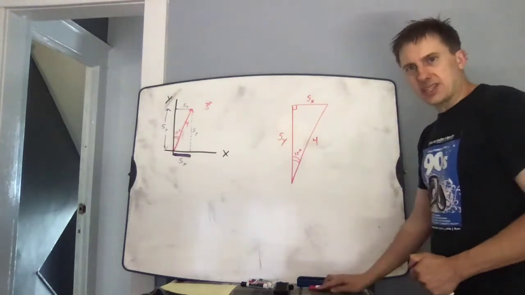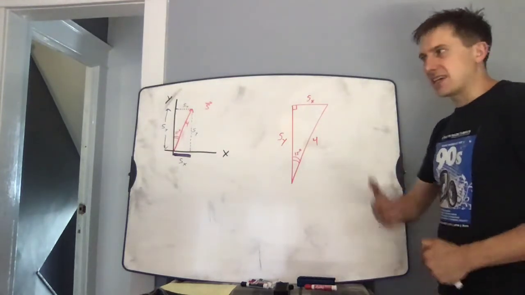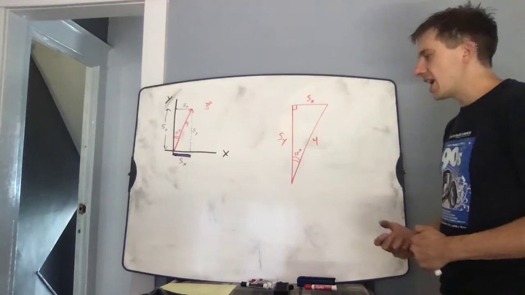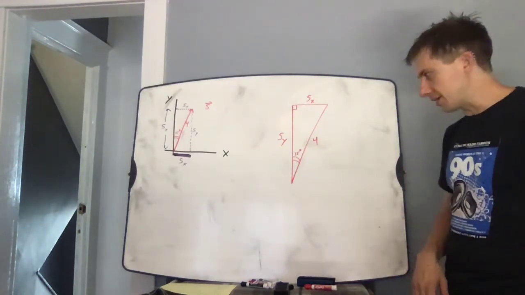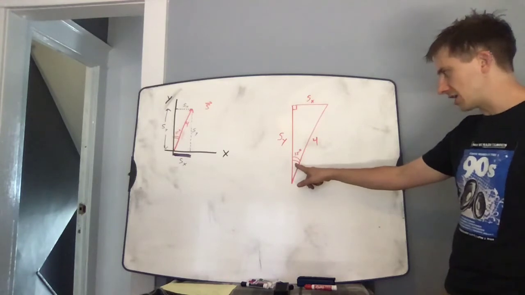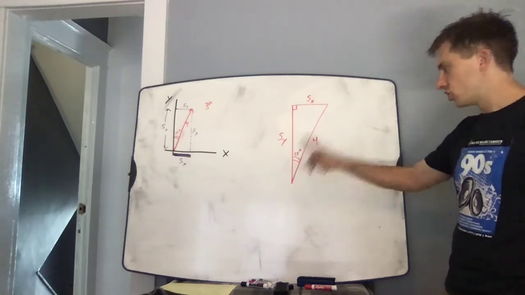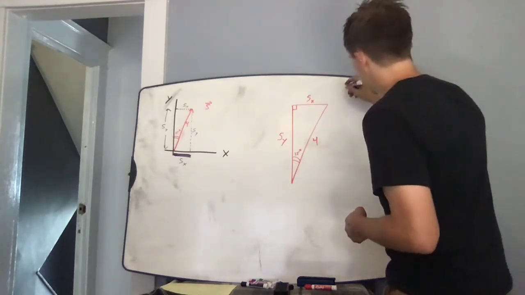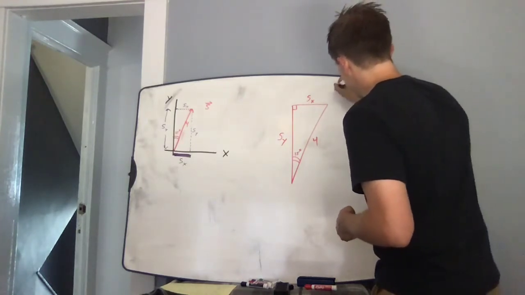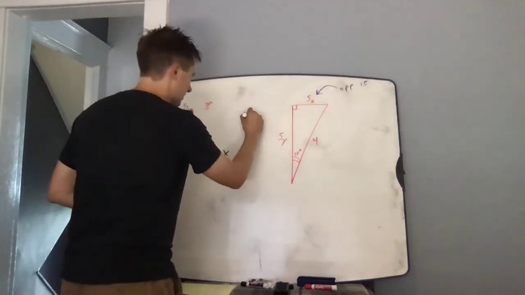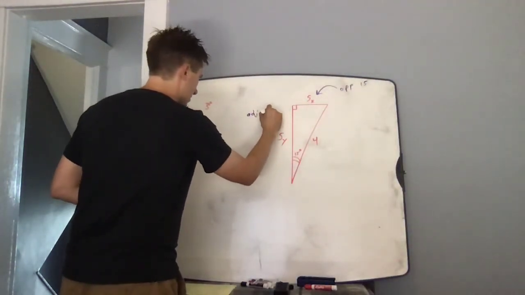Now, I am going to remember that sine, cosine, tangent are defined in relation to the angle you're talking about. The angle I'm talking about here is 15 degrees. So here, opposite 15 is Sx, and adjacent to 15 is Sy.